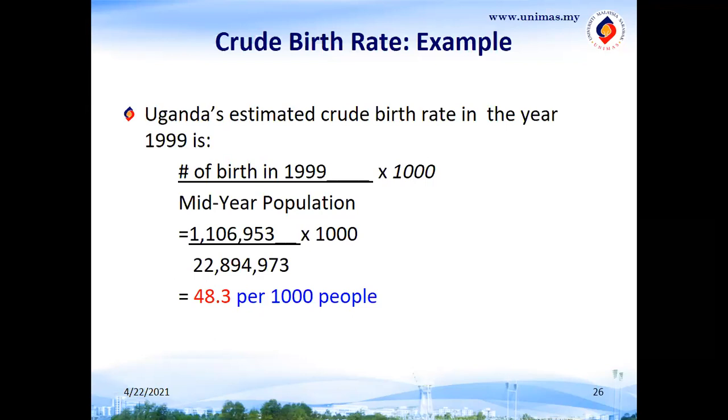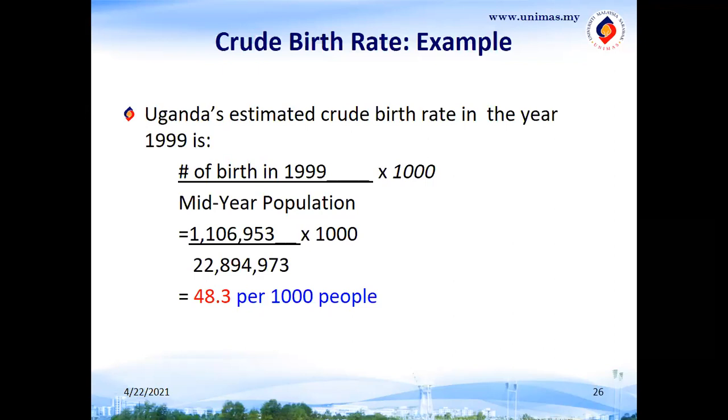And the mid-year population of Uganda was 22,894,973, so about 22.8 million people.